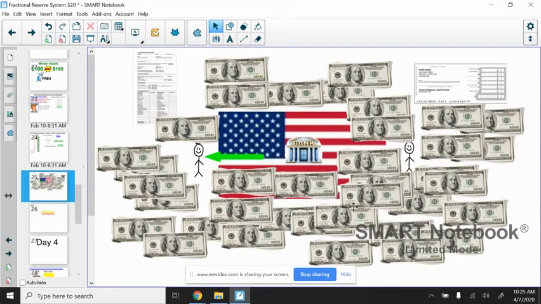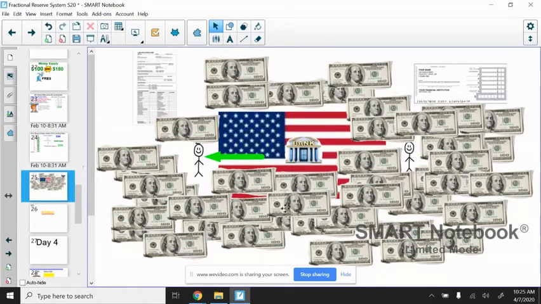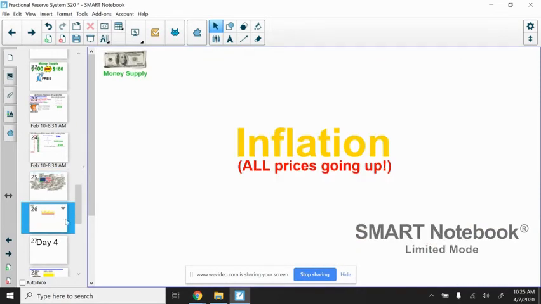There is now more money floating out in the overall economy. The old you would have said, yay, more money means great. Well, I don't know. Is more money better? What happens when the money supply increases?